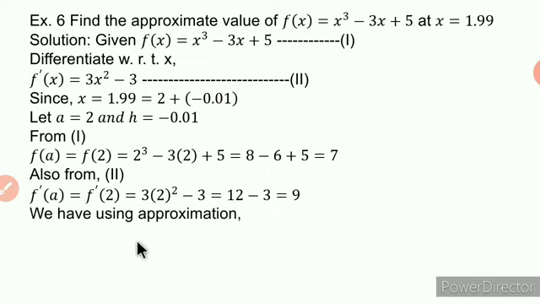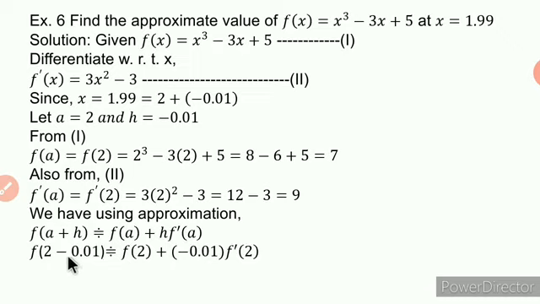Now we get both the values. So using approximation, f of a plus h is approximately equal to f of a plus h into f dash of a. So f of 2 minus 0.01 is approximately equal to f of 2 plus minus 0.01 into f dash of 2. So f of 1.99 is approximately equal to 7 minus 0.01 multiplied by 9, which is 7 minus 0.09.